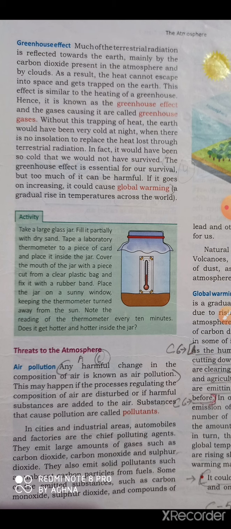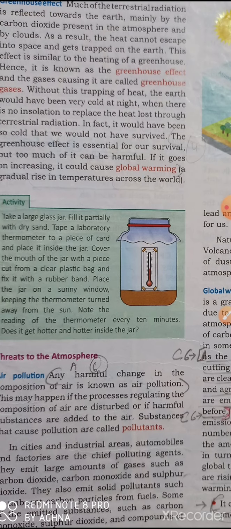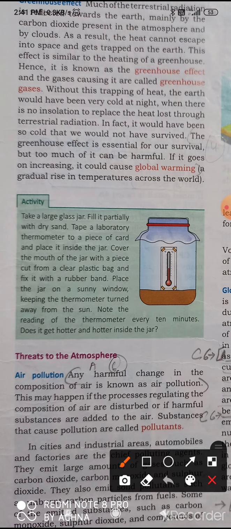First of all, threats to the atmosphere. What is air pollution? Any harmful change in the composition of air is known as air pollution. There are two main agents of air pollution, one man-made and one natural.